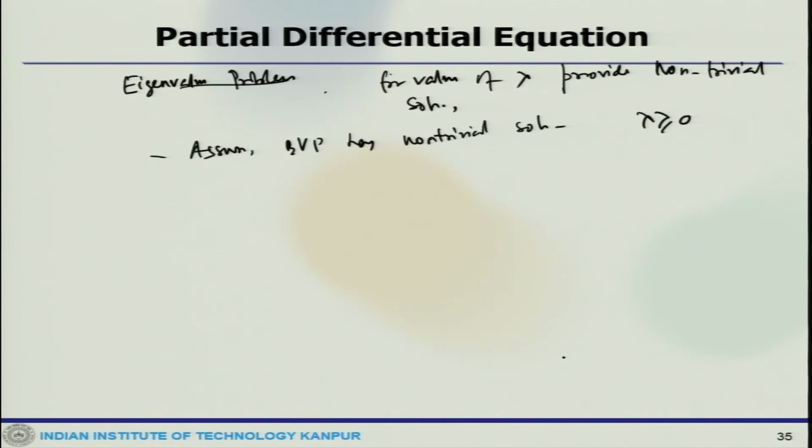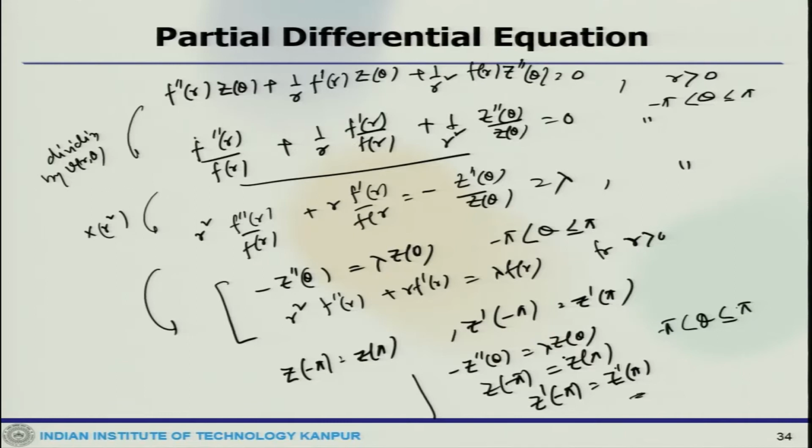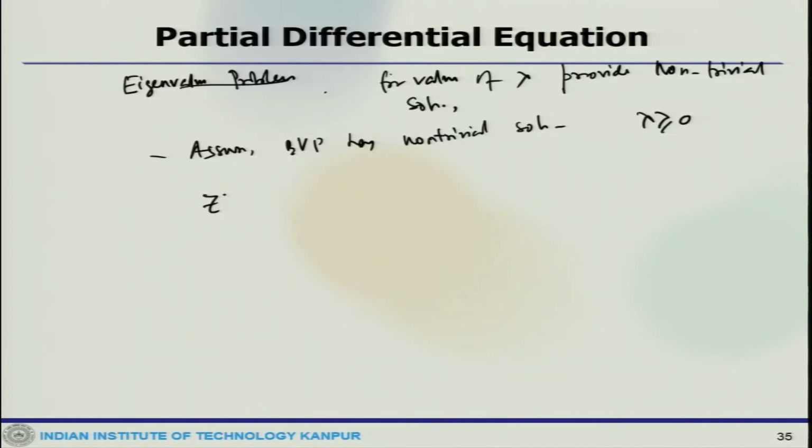Basically, lambda equals 0. Now we have this equation, so we get z double prime theta is 0, whose general solution is C1 theta plus C2.